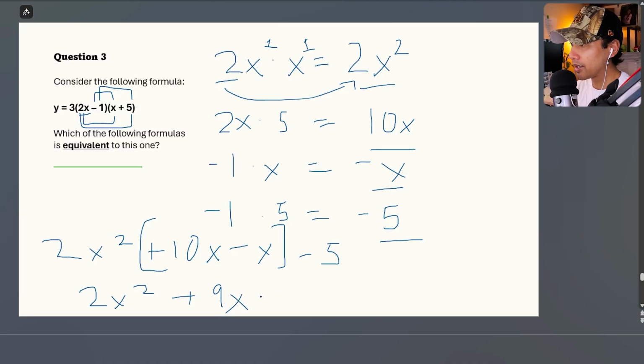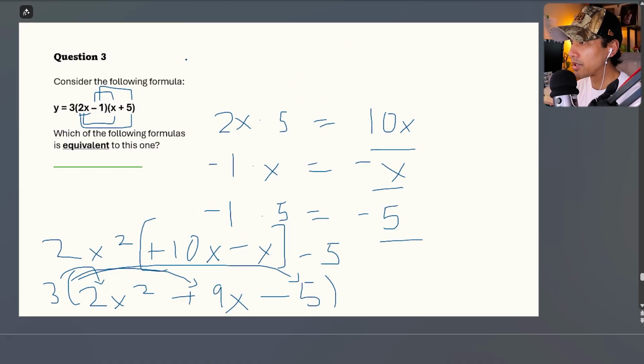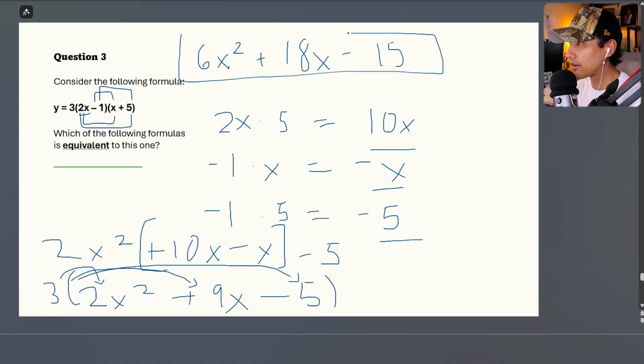And then we go and do this, minus 5, and then we put this in parentheses, carry over that 3, and then just multiply this 3 with each term again. Easy. And then we get our answer, which is, I'm going to erase this up top. We get our answer, which is 6x squared plus 18x minus 15. Perfect. That is our answer.